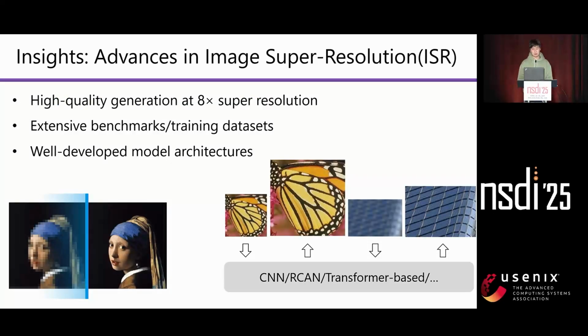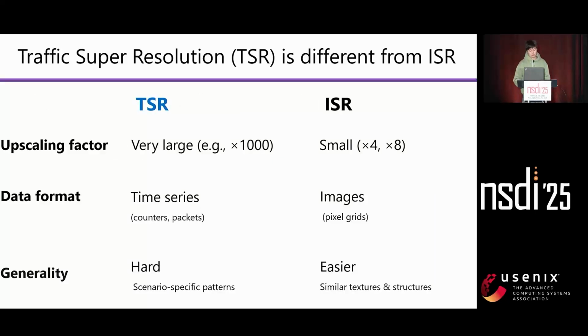A similar task has seen great success in the image domain, known as image super resolution, ISR, and some modern ISR models can achieve high-quality generation at 8 times resolution. It benefits from extensive benchmarks and training data and some well-developed model architectures such as CNNs and transformers.